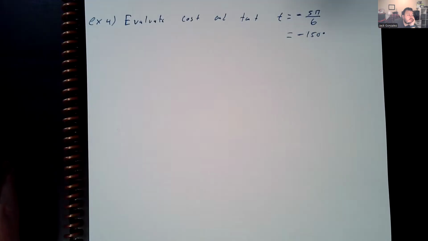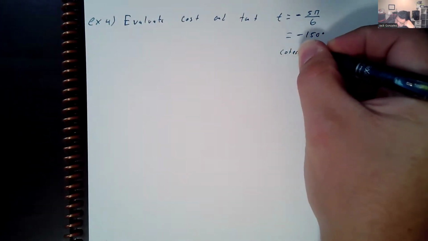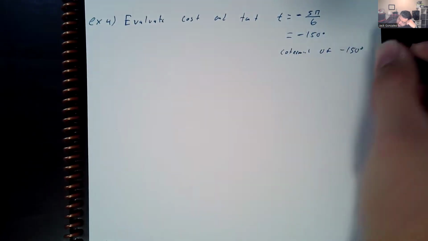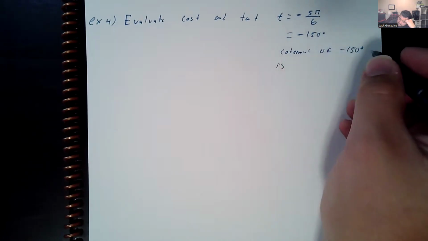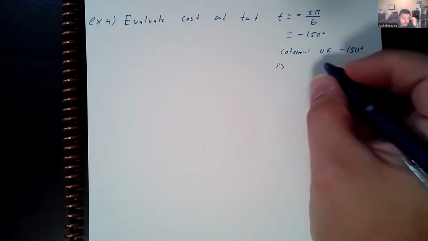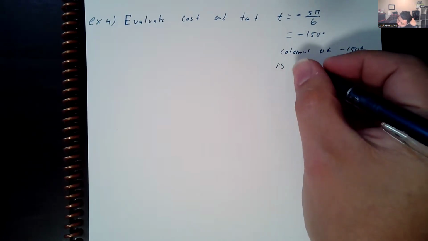Negative 180 would be all the way over there, so it would be 210 degrees. The coterminal of negative 150 degrees is plus 360, so that would be 210, right?